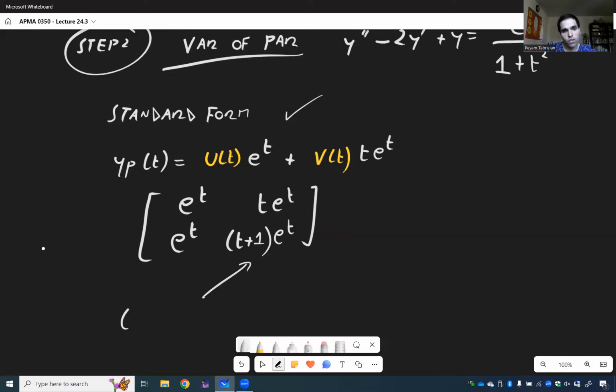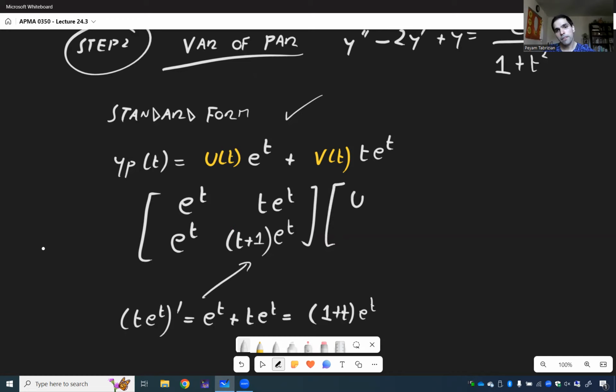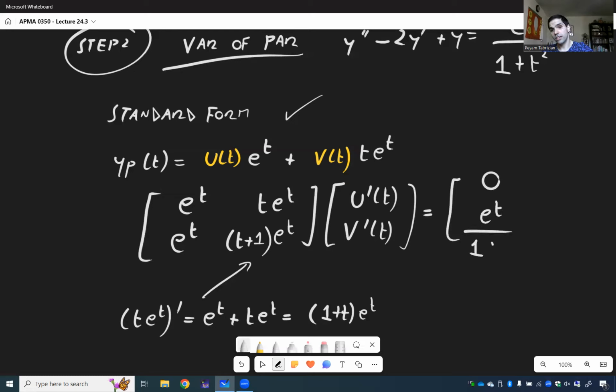And this just follows because t e to the t prime is e to the t plus t e to the t, so 1 plus t times e to the t. So this is the Wronskian matrix. And then remember u prime and v prime, because we're integrating later, and then 0 and the inhomogeneous term, so e to the t over 1 plus t squared.